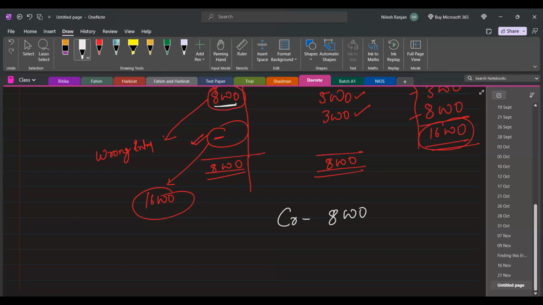So to correct this, we have to put one more 8,000 on the credit side. So 8 plus 8, total 16,000 should be written on the credit side. Now, if you write 16,000 here, then your total will become 24,000, and your balance will become 16,000.